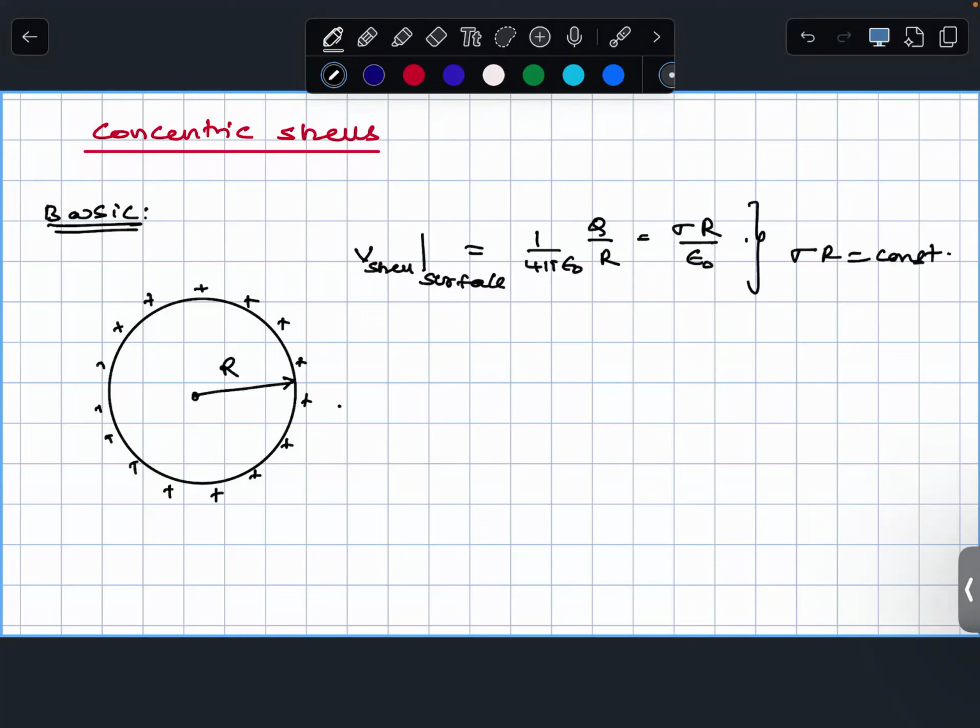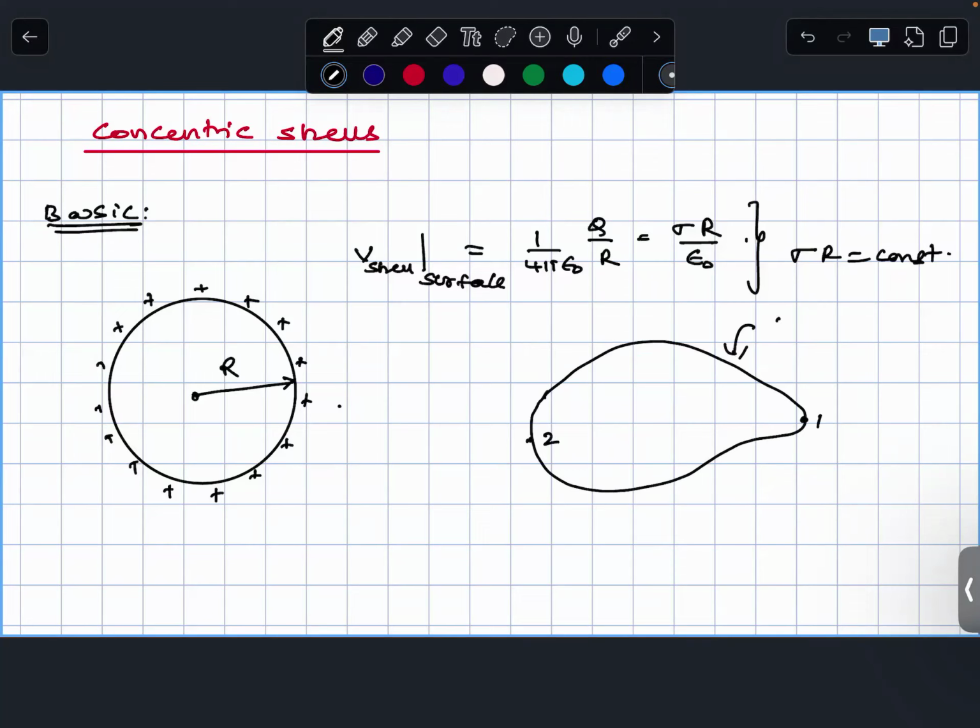For example, if the shape is something like this, now let us take 2 points, point 1 and point 2.